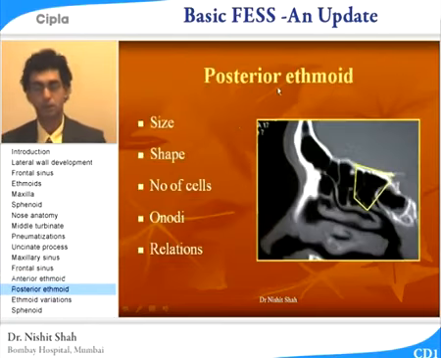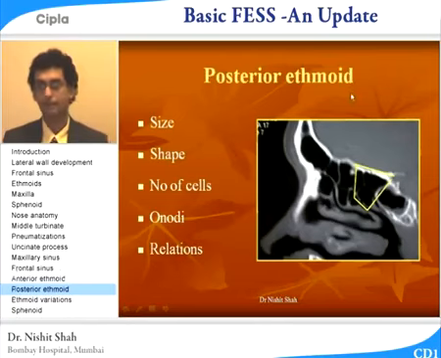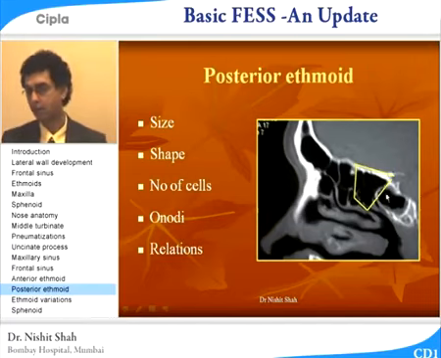Right, so now we come to the posterior ethmoid sinuses, and again the posterior ethmoid cells are usually larger, less in number, and in relation to the sphenoid posteriorly and the ground lamella anteriorly. Occasionally we have what is called an Onodi cell, and you can see it beautifully in this sagittal section, where the posterior ethmoid extends beyond the anterior wall of the sphenoid sinus.